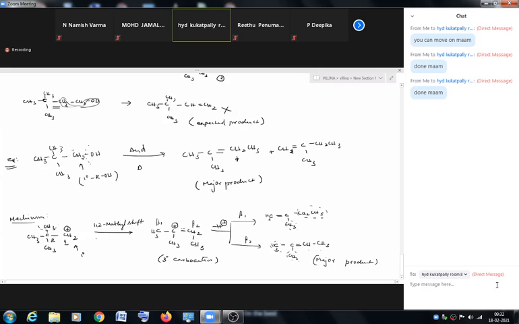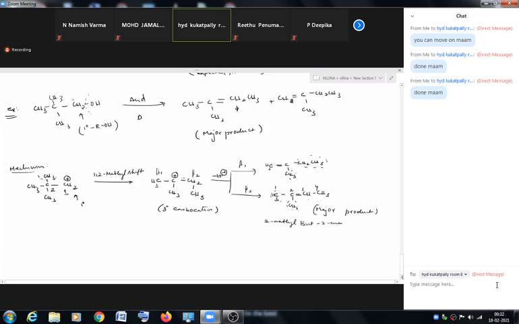So if we name it, we have 1, 2, 3, and 4, 2 methyl butene. So starting with 2,2 dimethyl propanol, we ended up having 2 methyl butene. All this is due to the 1,2 methyl shift.